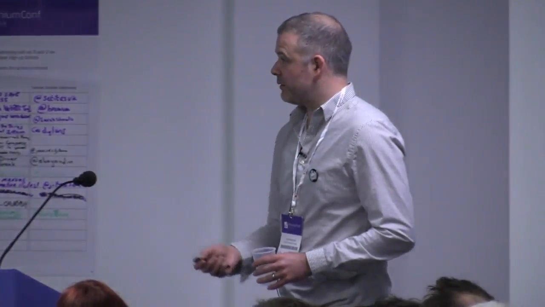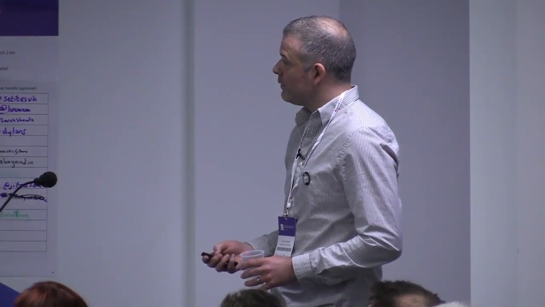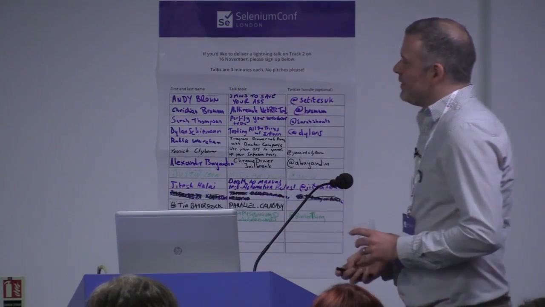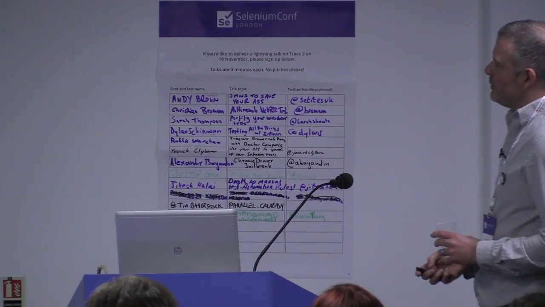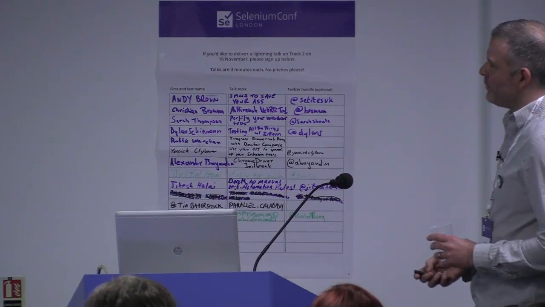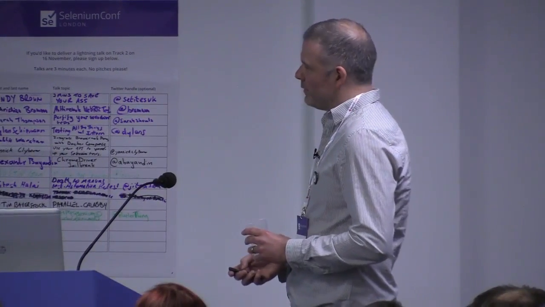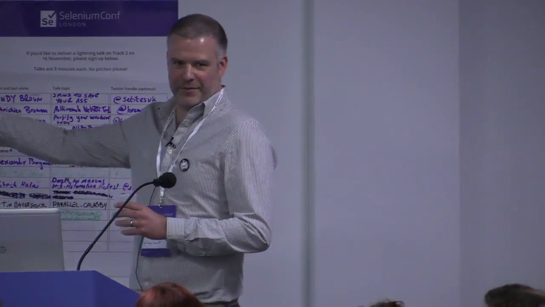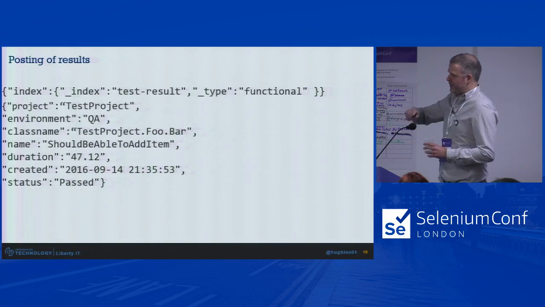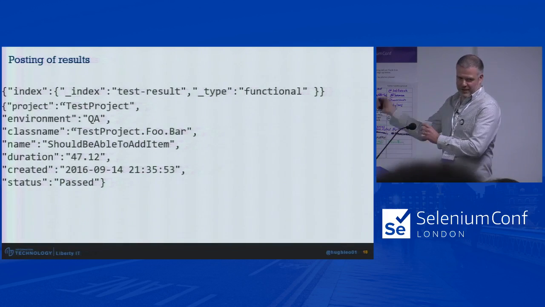I did have the example of the pie chart. So there's the data for an individual test run, and each time the suite of tests runs, this all gets imported.